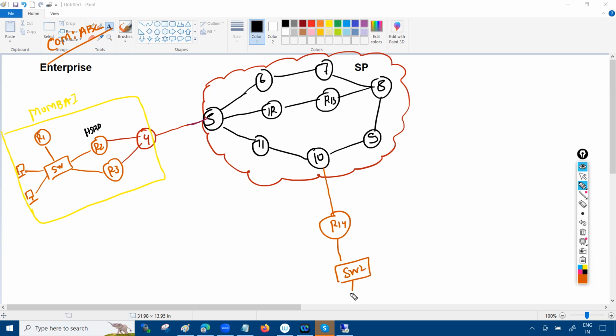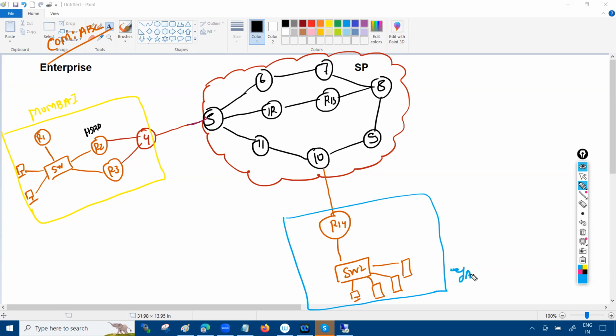Then we have some users there, PC1, and a few servers in this site. It's a small location, in a very small city. I can call it Jaipur. Jaipur is a small city, so we have only a few people there, and that's fine.